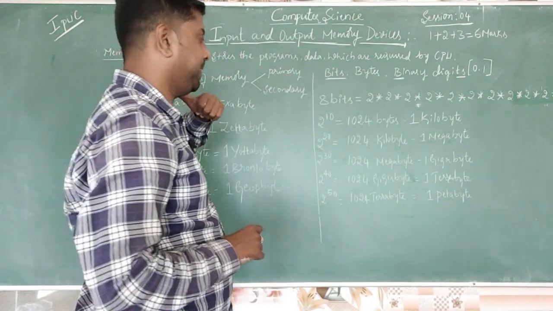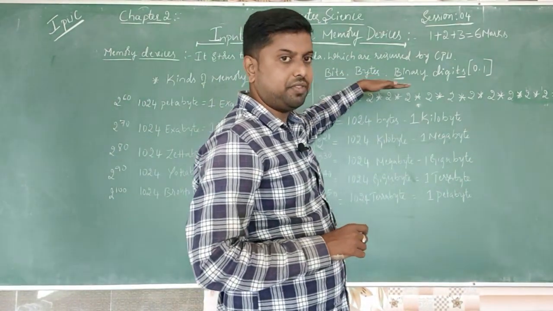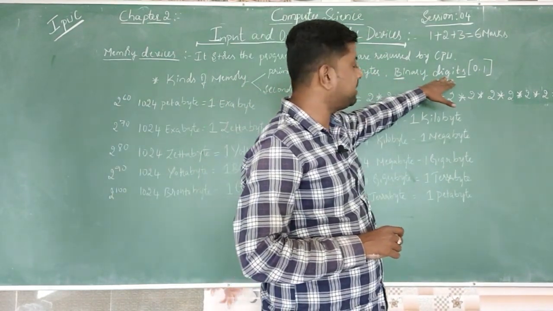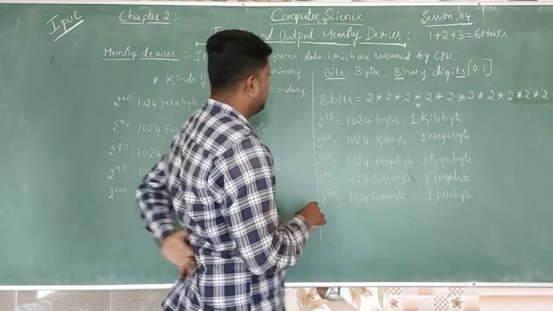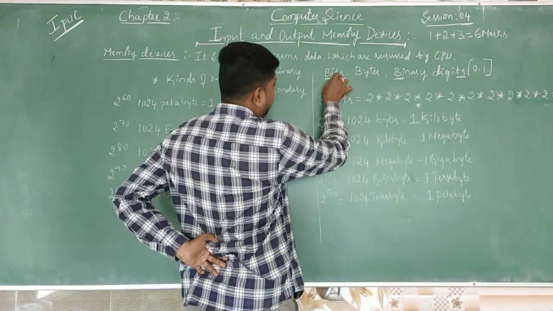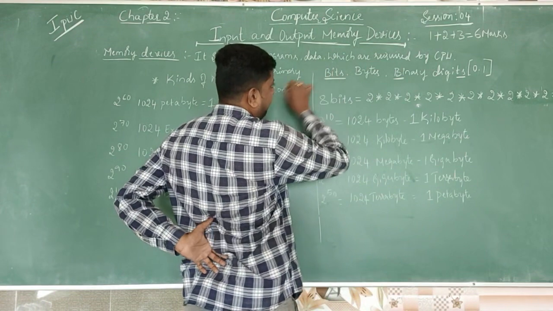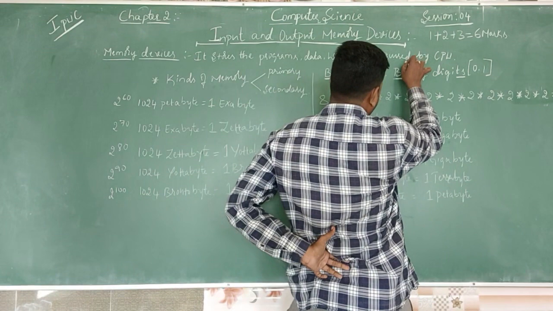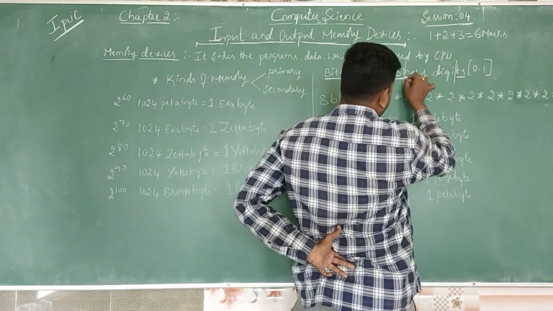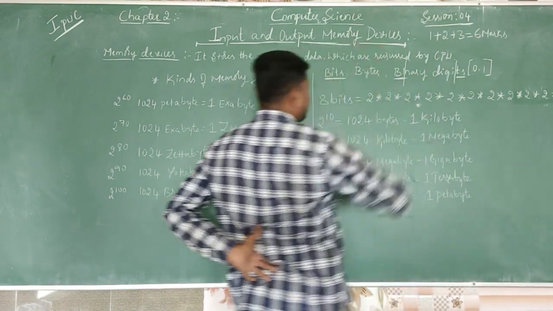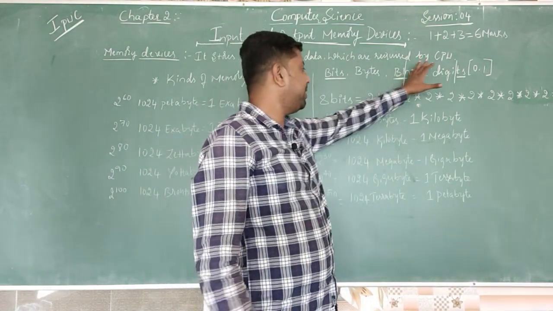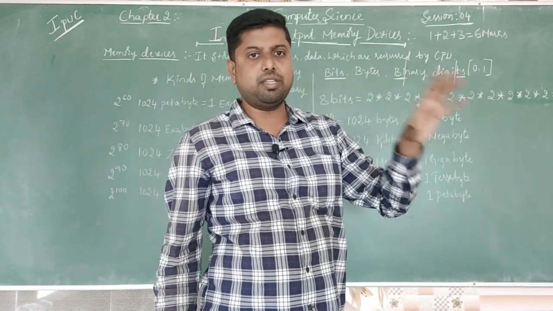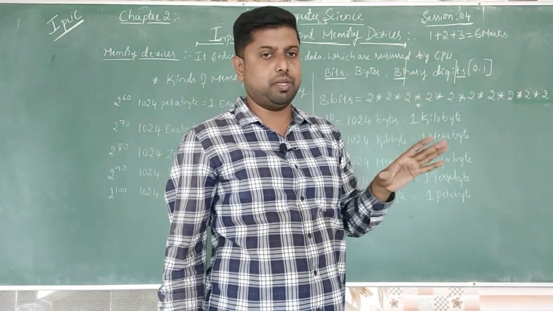We'll discuss that later. Coming to the measure of memory, these two words, bits and bytes: bits means binary digits. The first two characters, BI, and then TS from digits, so binary digits are what we call bits.